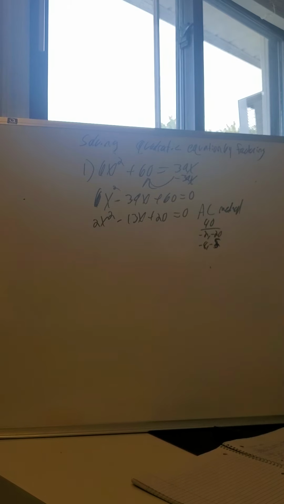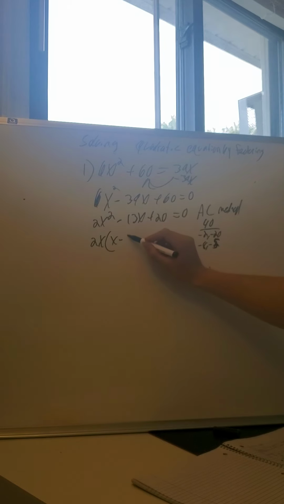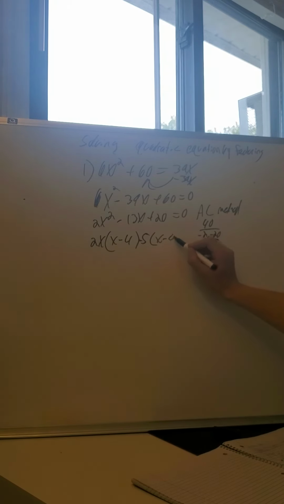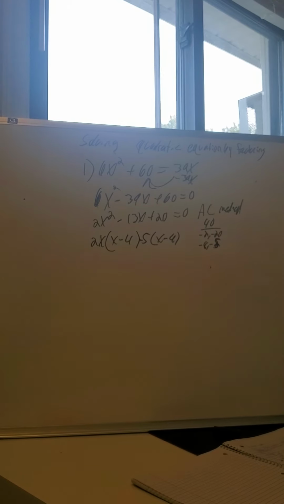So now, we're going to use something called factoring by grouping. How are we going to do that? We're going to have our 2x squared, and we're going to break apart that 13x. We're going to have our 2x, x minus 4, and let's get that negative 5x minus 4 is wrong.